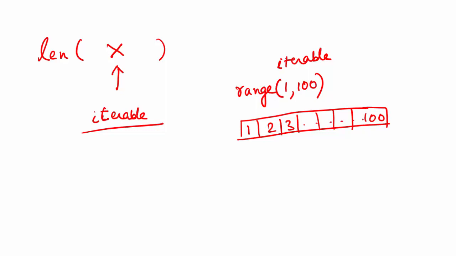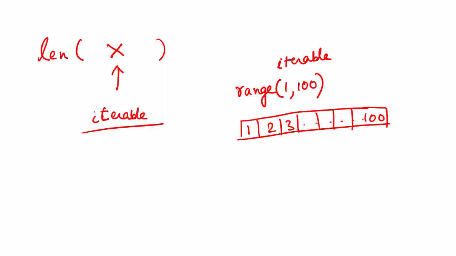Those are also examples of iterables. So an iterable is just a sequence of objects. I specifically say objects because it could be a sequence of integers, strings, floating points, any array of objects.